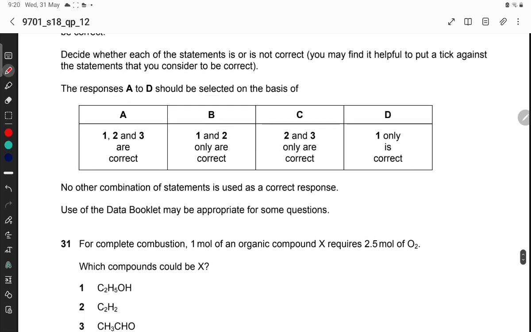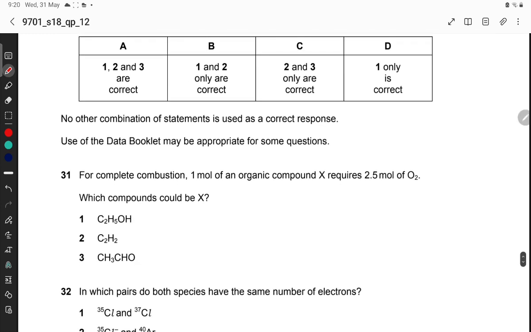Section B, question number 31. For complete combustion, 1 mole of an organic compound X requires 2.5 moles of oxygen. Which compound could be X?